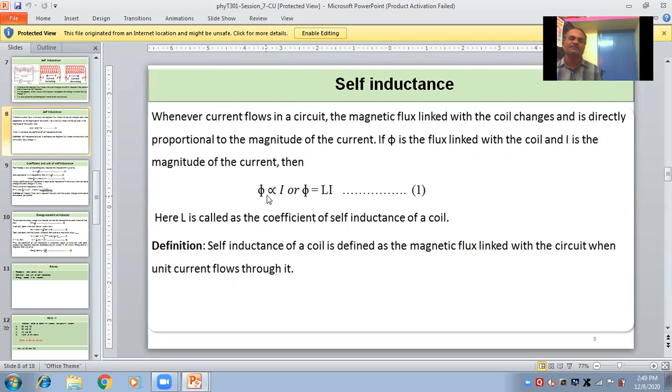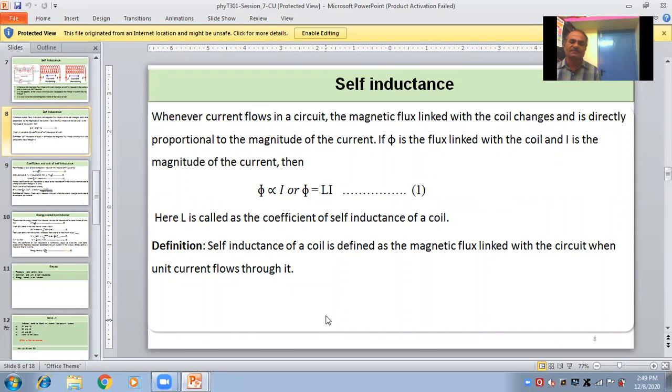If you remove the proportionality sign, you get a constant, denoted as capital L. Here L is called the coefficient of self-inductance of the coil, or simply the self-inductance.